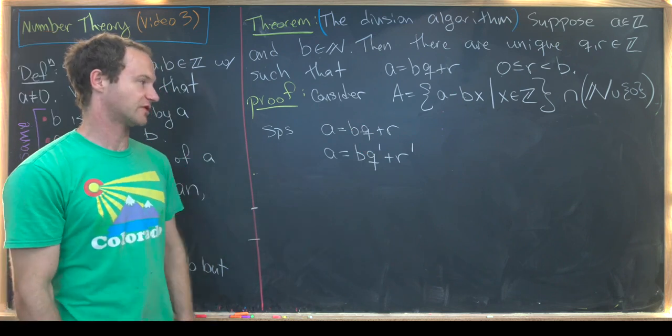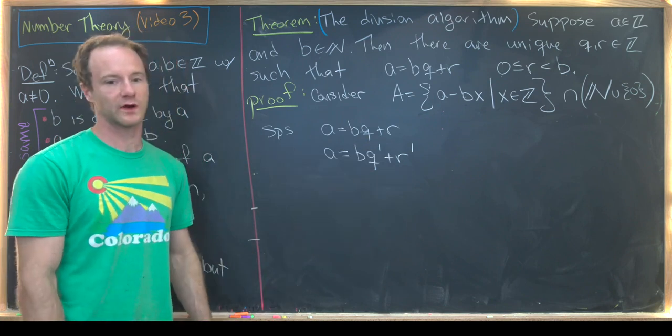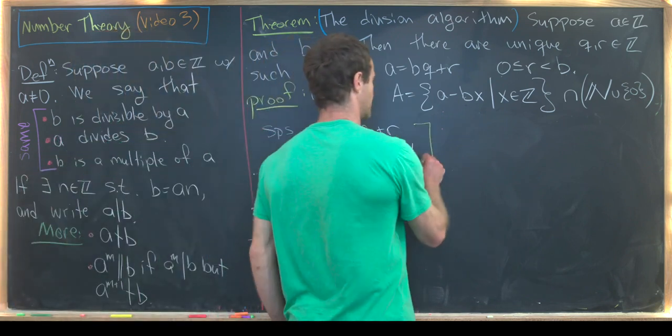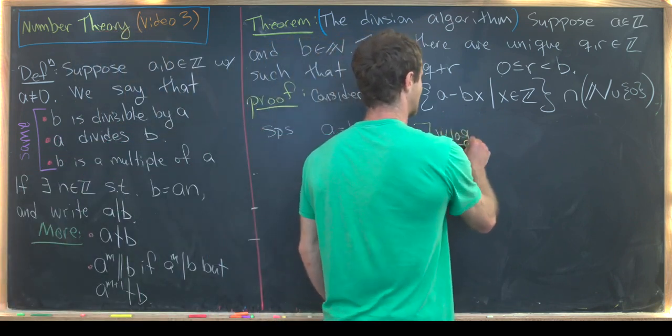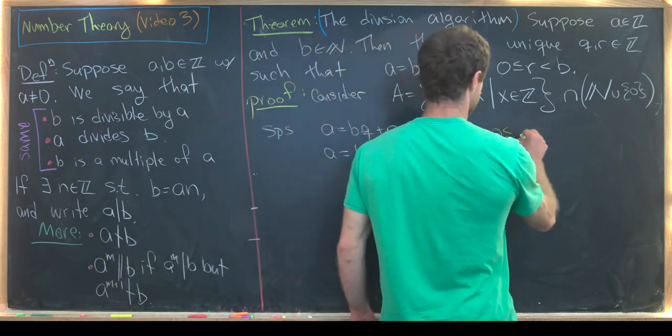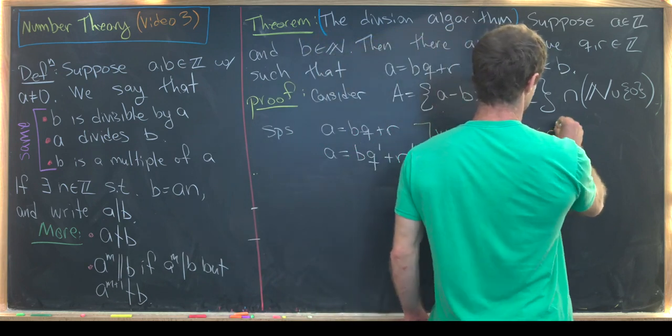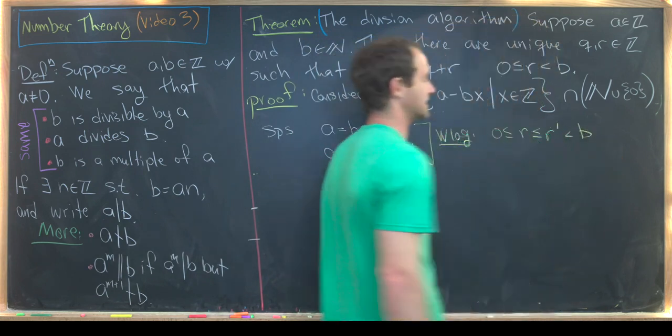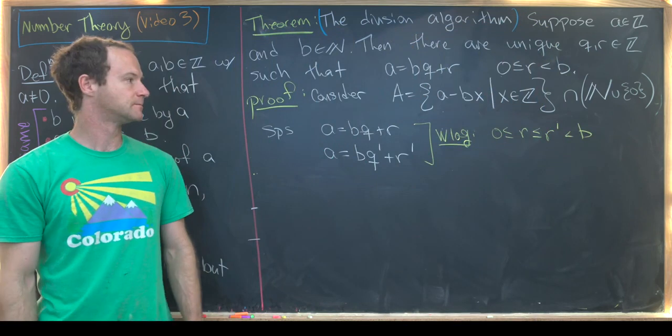Now, without loss of generality, we can assume some sort of ordering between R and R prime. You could really assume it either way, but the way we'll assume it is that 0 is less than or equal to R, which is less than or equal to R prime, which is strictly less than B.